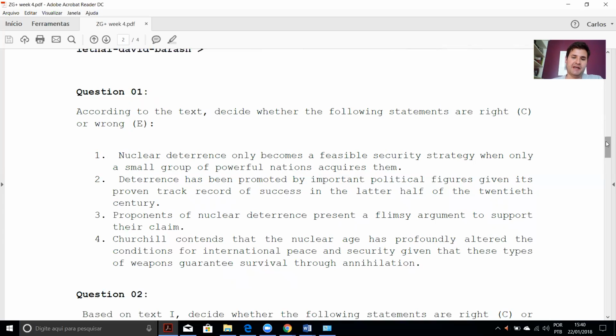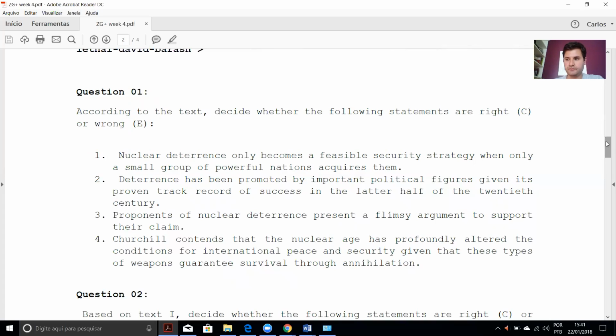Flimsy can mean inconsistent, can mean weak, can mean an argument that has no substance. And in this case, the author does state that usually the arguments for deterrence are very superficial.